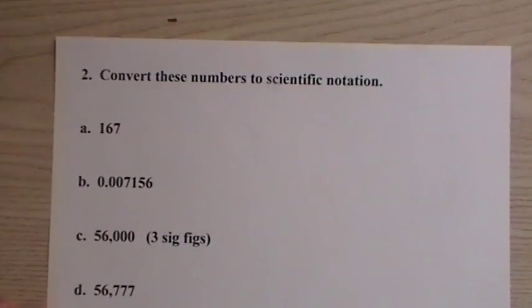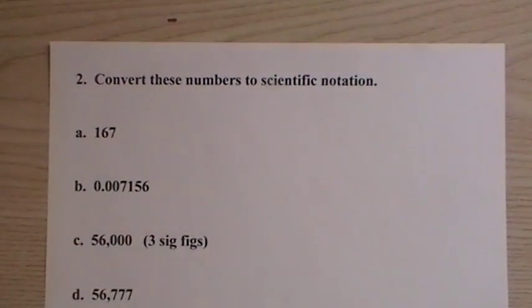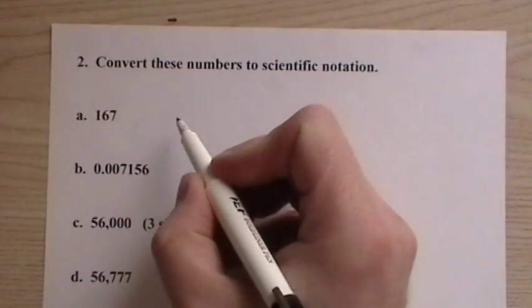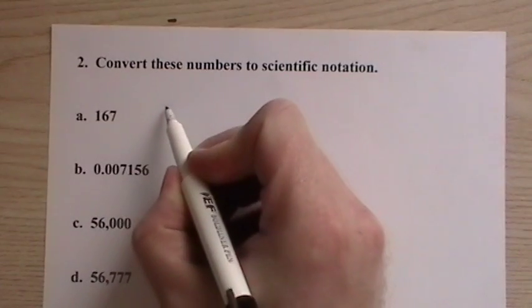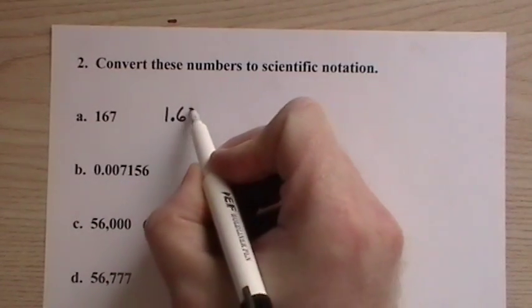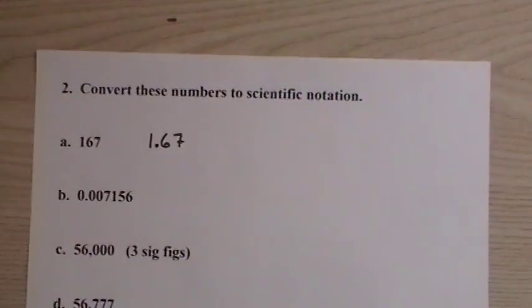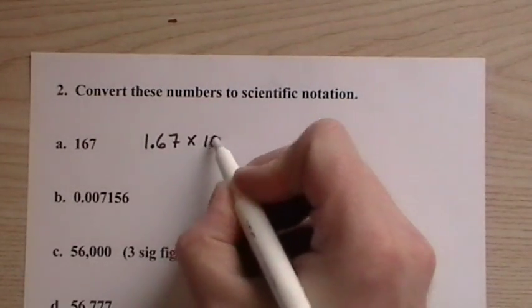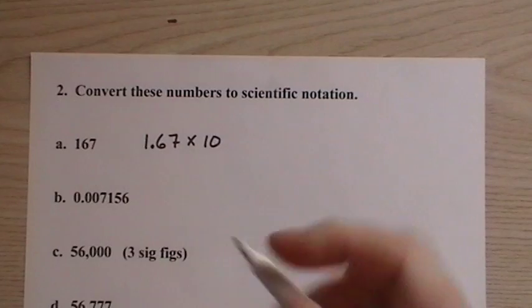So here we are. Convert these numbers to scientific notation. Now the rule is you only have one digit to the left of the decimal place, so we write it like this, and then we multiply it by 10 raised to some power.